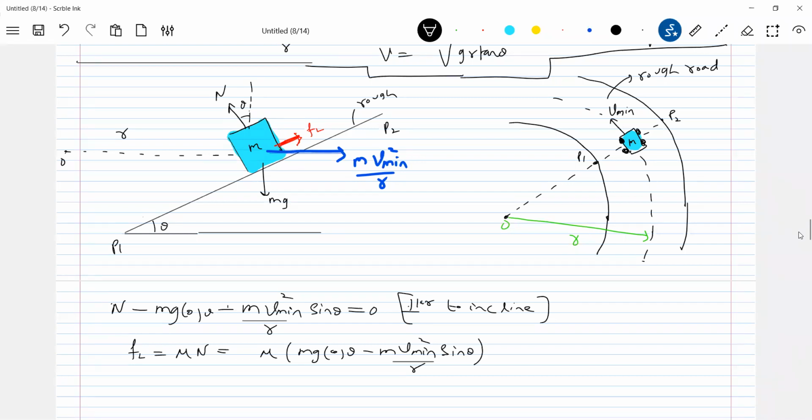And then let's equate the motion. So what is the equation now? We will provide the required centripetal force.